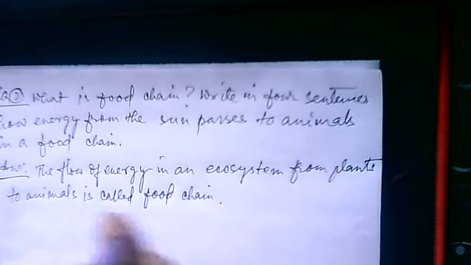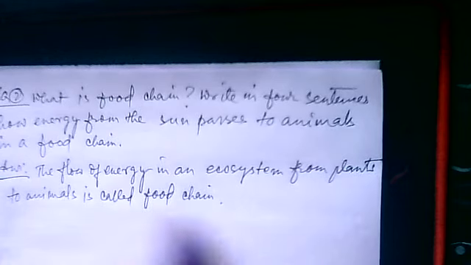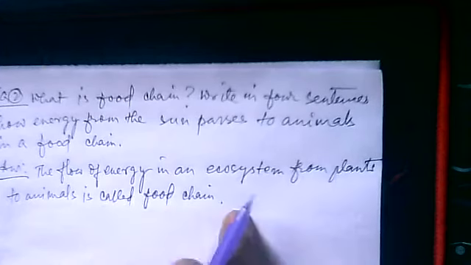This is not 100% correct that you have to write exactly as I wrote.